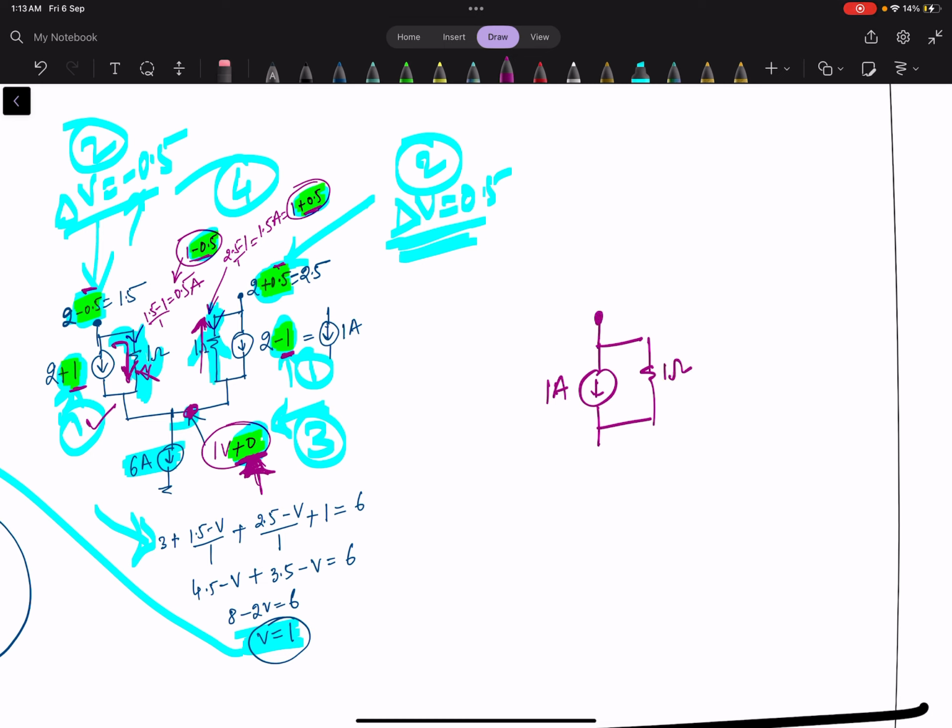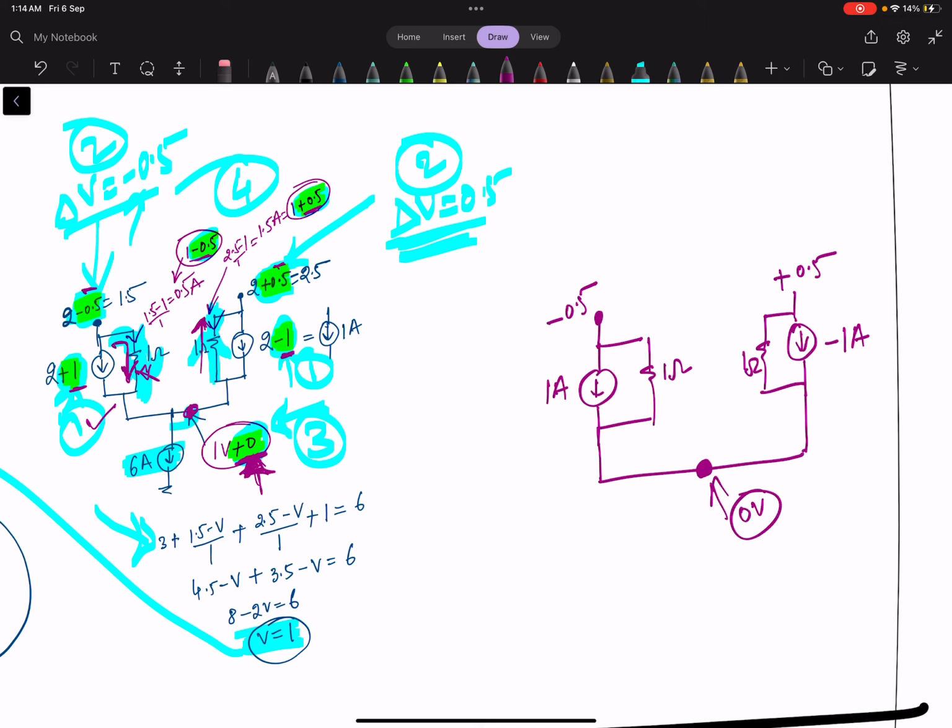This voltage is decreased by 0.5, and on this side the total current change will be minus 1 ampere, with 1 ohm resistance. And this voltage is 0.5, so the change in voltage at this node is 0 volt.